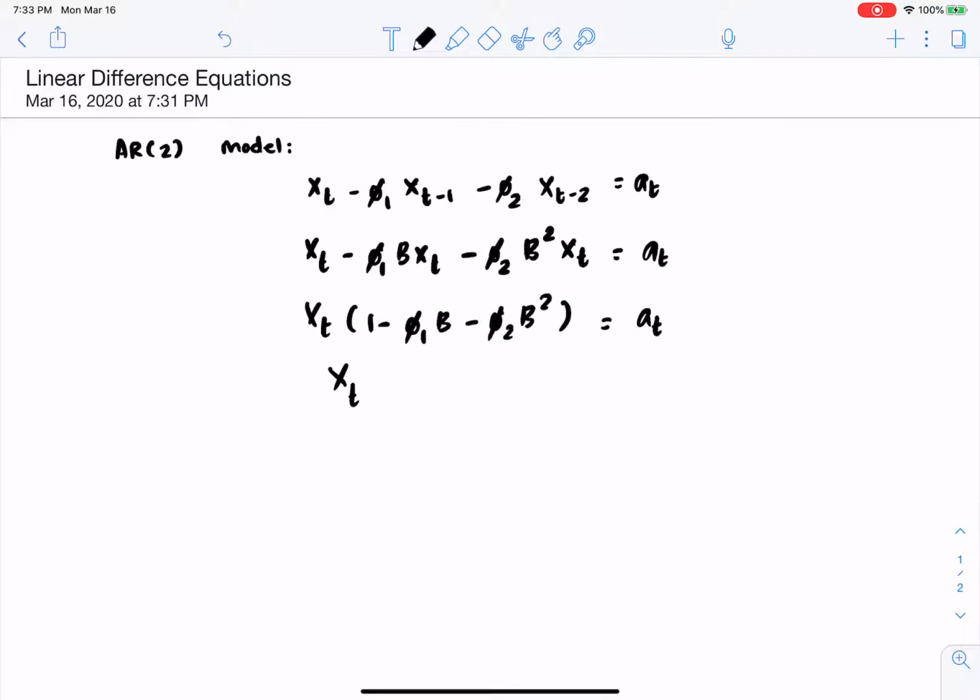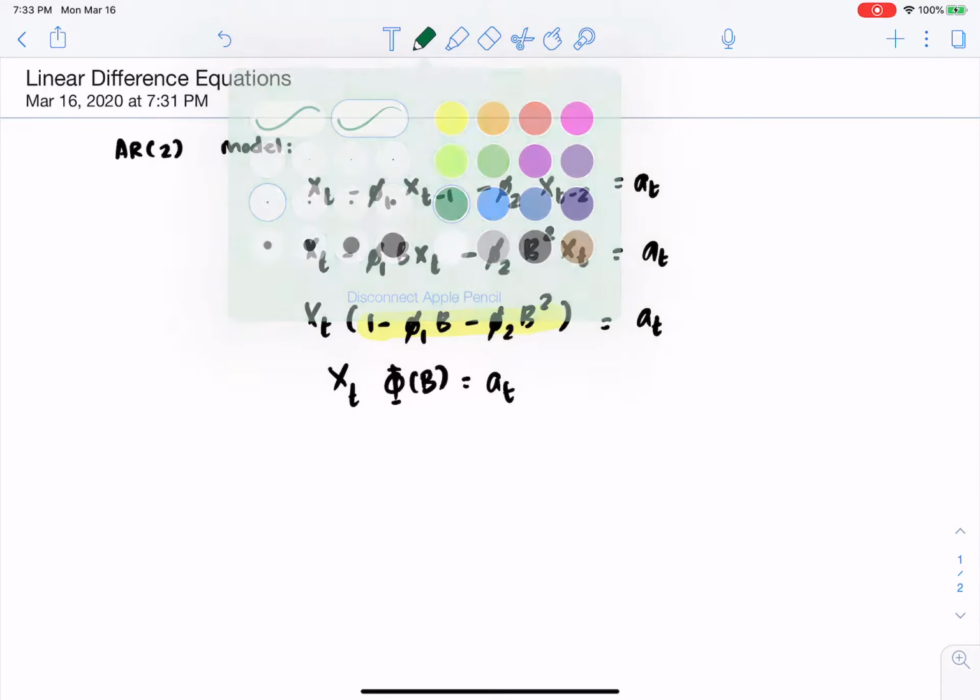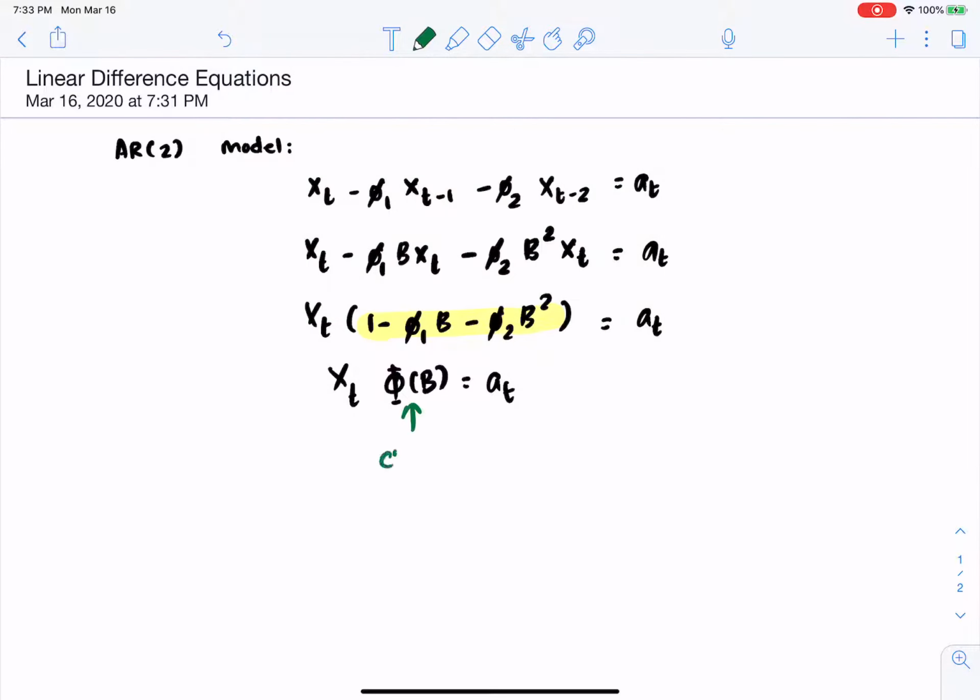I could write that expression that I see here as phi(B), and that phi(B) is the characteristic polynomial of the AR2 model.